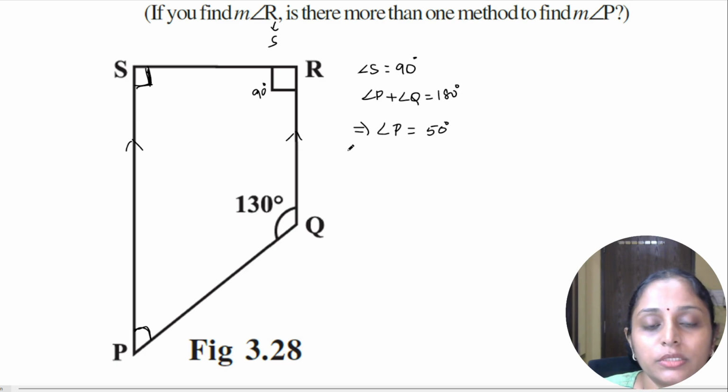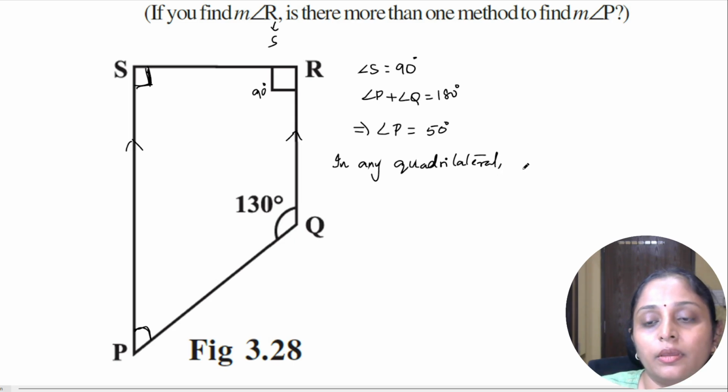What you can do is, like we have done earlier, you can use the property that in any quadrilateral, sum of all angles is equal to 360 degrees.